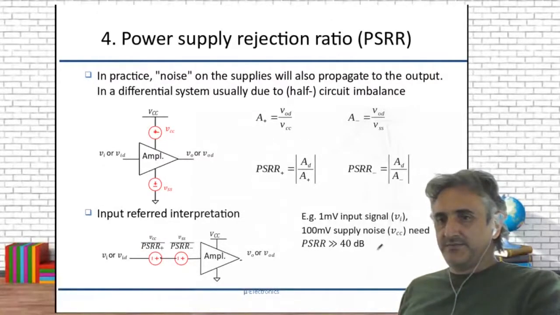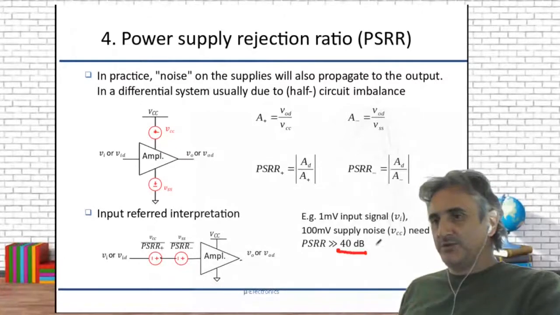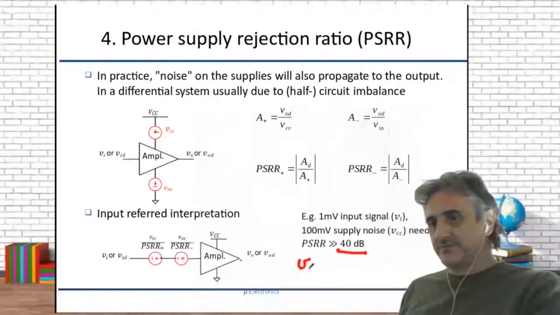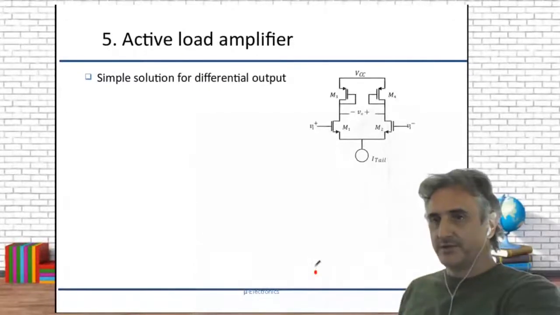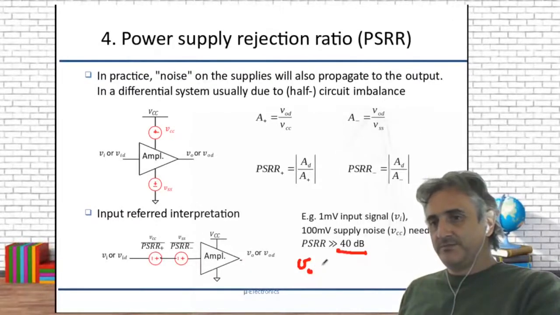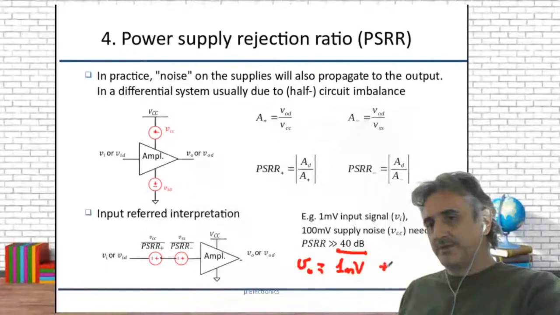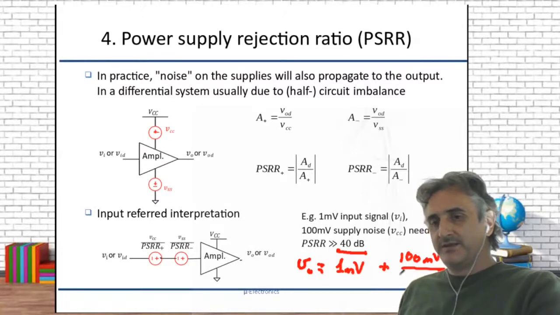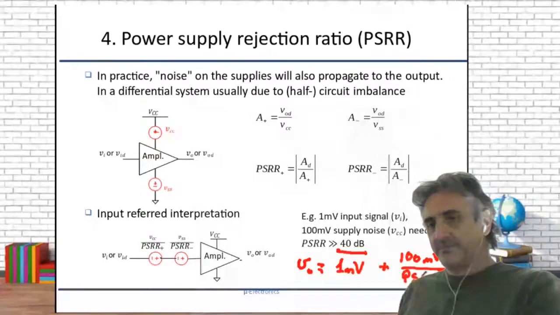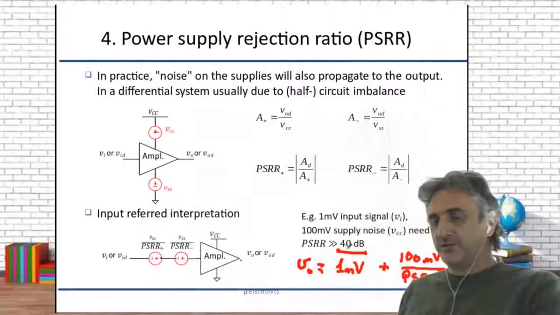Notice that these 40 dBs would imply that this signal would be our 1 millivolt signal plus the 100 millivolt over the PSRR, and 40 dBs is just 100.